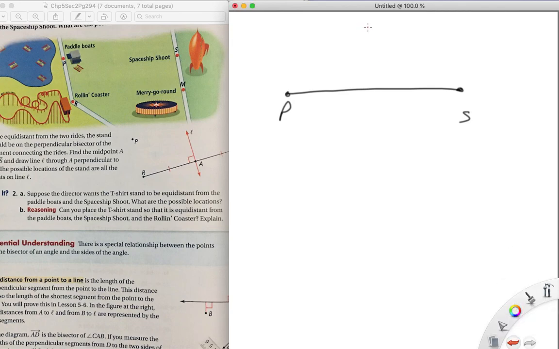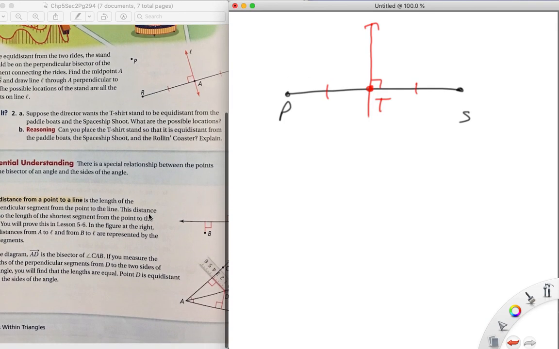So if I was to draw a perpendicular bisector here and cut it in half, wherever that intersection is, since I know it's a bisector, I could call that my t-shirt stand. The t-shirt stand would be equal distance from the paddle boat, and equal distance from the spaceship chute, I guess. And that's where I would put it. You have to put it on the perpendicular bisector of that line. I think it's a silly question.